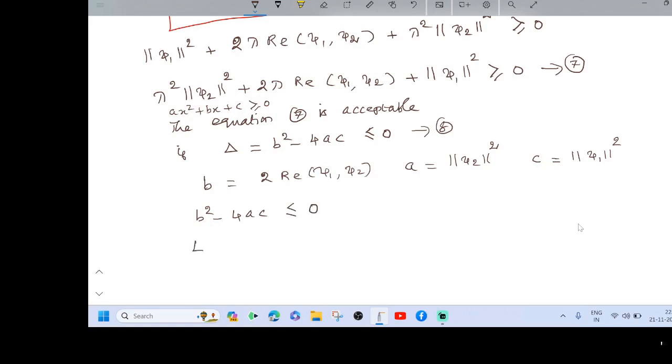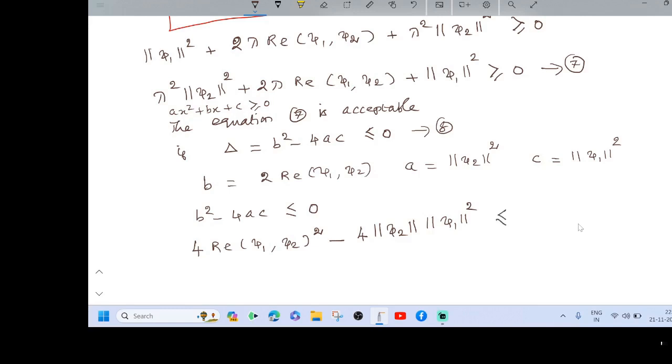B square, that is 4 into real part of psi 1 comma psi 2 whole square, minus 4 into, A is norm square of psi 2, C is norm square of psi 1.